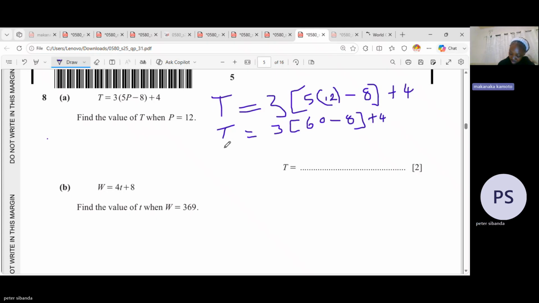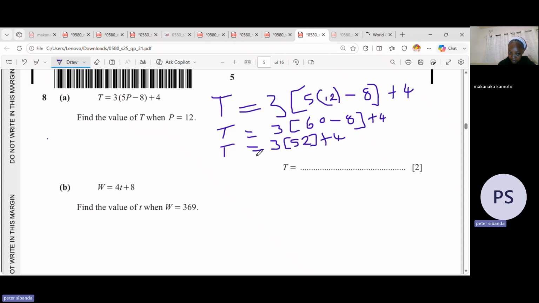Right. Well, then t equals to, by the way, the things inside the brackets, we deal with them first, before I even remove the brackets. What is 60 minus 8? 52? I put 52, and I remember to close my corner bracket, plus 4.